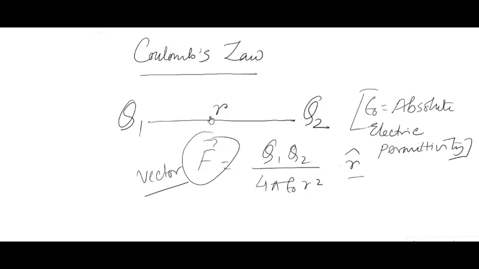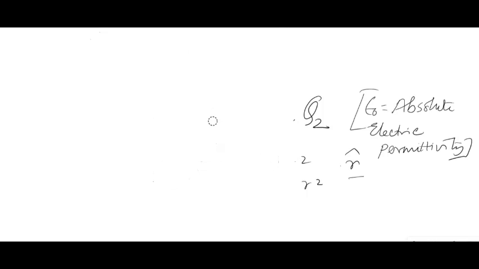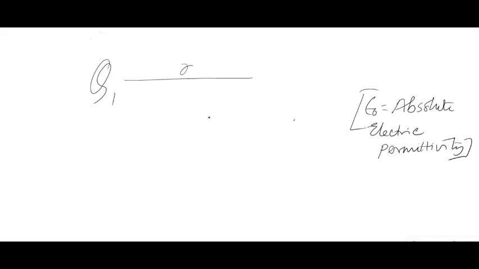What do we mean by electric field intensity? As I have seen earlier, if a charge q1 is residing at a distance r from a charge q2, and this charge q2 is replaced by a 1 coulomb charge, that is the unit positive charge, what amount of force is this charge experiencing?